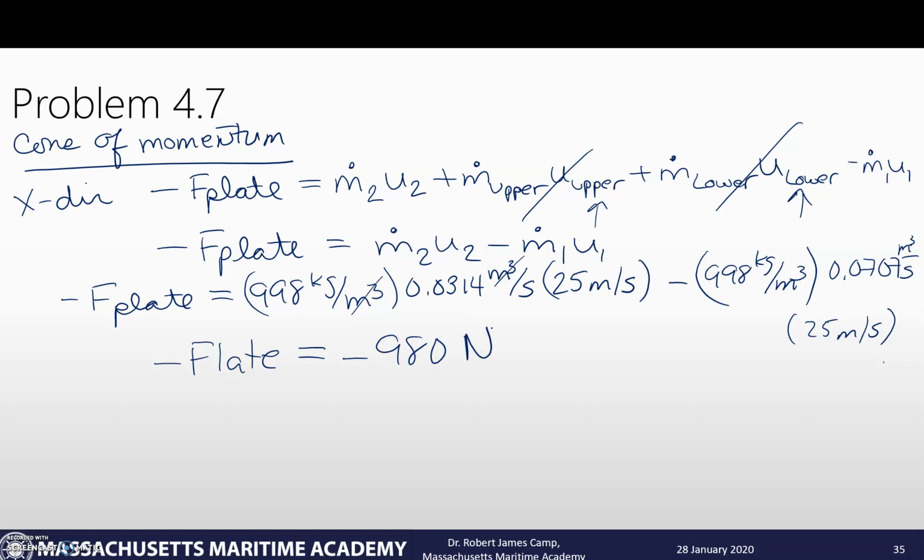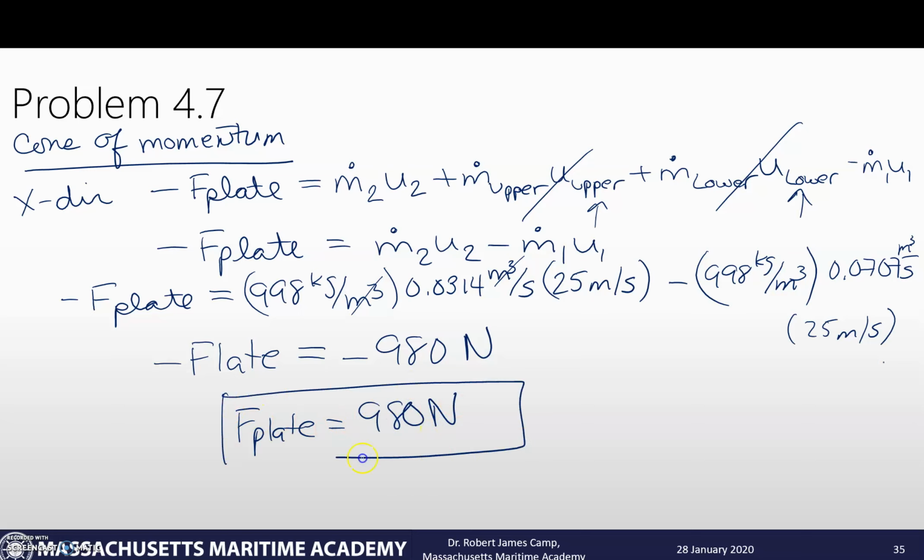The negatives fall away, so the F of the plate is going to be 980 newtons to hold that plate in place. It is a positive number, and that means that we picked our direction correctly. What would happen if we got a negative number on this? Just like with the other classes, all it meant is we picked the wrong direction, and so we'd go back to our picture and flip that arrow around. So I've got 980 newtons, and it's acting to the left.